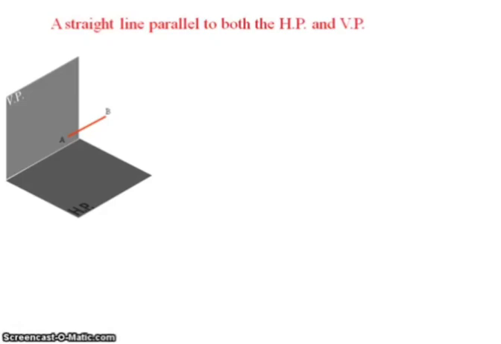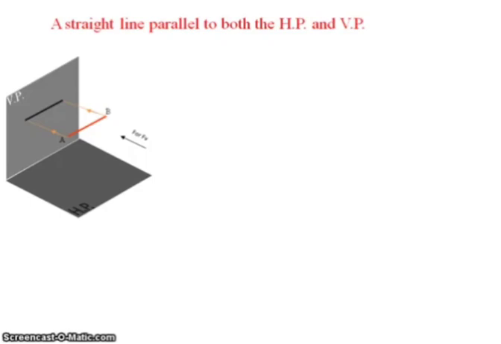So in this condition, how will the front view and top view be? When you go for the front view, you will be perpendicular to the vertical plane. Since the straight line is parallel to the vertical plane, in the front view we can see the true length of the straight line. It will look like it is falling in the vertical plane with the true length, as given by the projection lines in horizontal orange color.